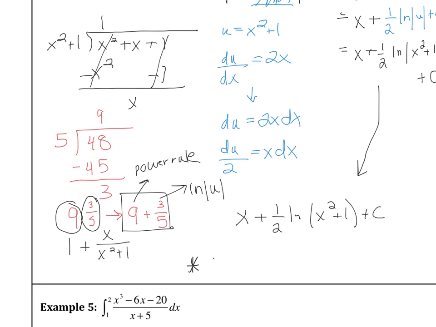This is something that we would attempt when the degree of our numerator is greater than or equal to the degree of the denominator. Because if the degree of the top were less than the degree of the bottom, this would probably already be a candidate for natural log integration, right? So in that case, we would just go ahead.